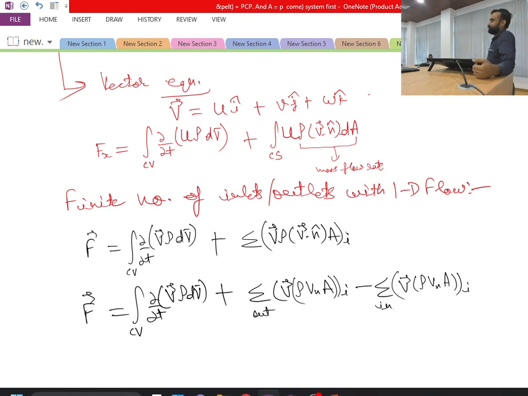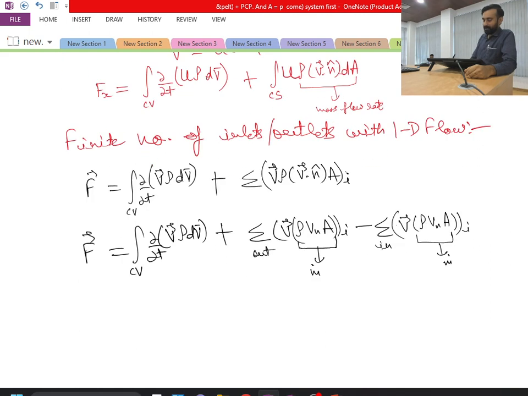Fine. So if in place of the vector I consider only the component normal to the area, then my sign will not be coming into the picture. That's why outlet and inlet I have to write separately. Now if you see this term rho Vn into A, what is this? Mass flow rate, m dot. Here also it is nothing but mass flow rate m dot.